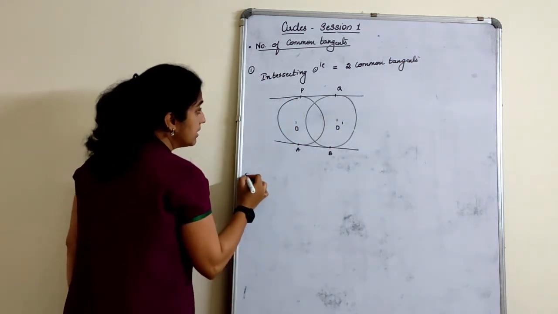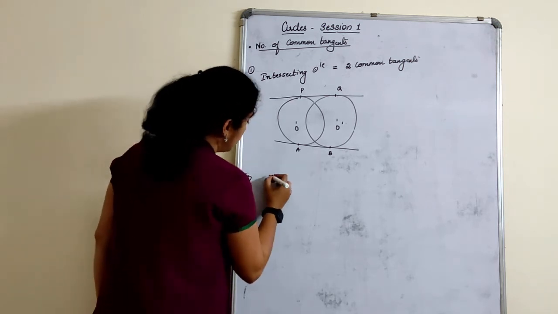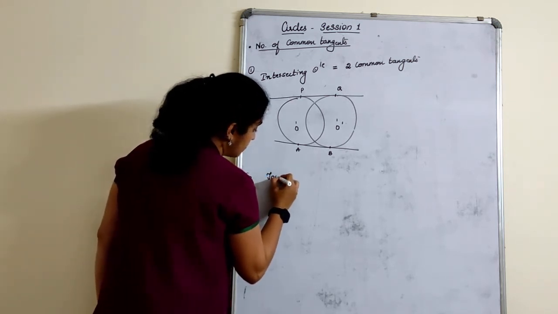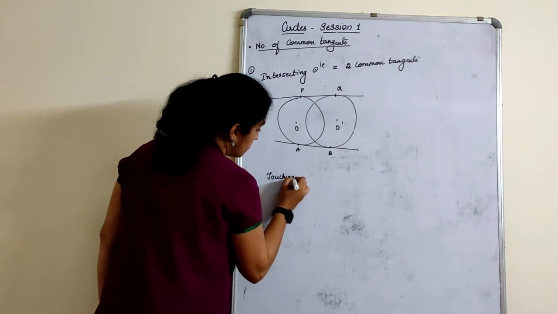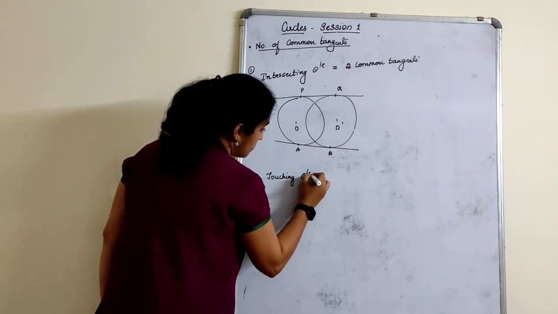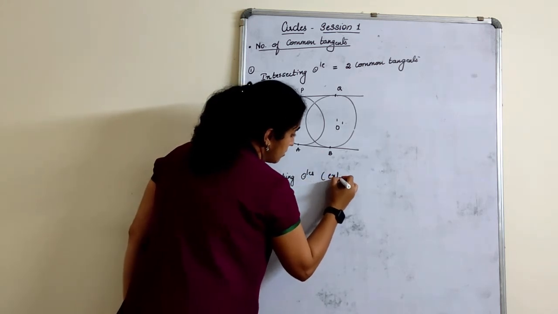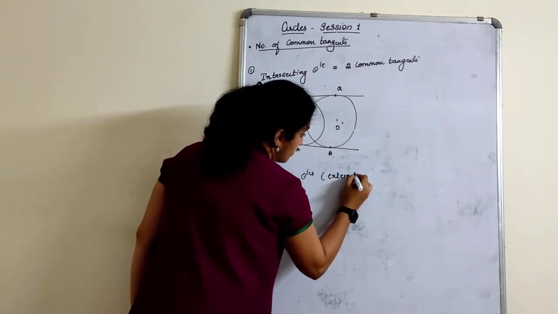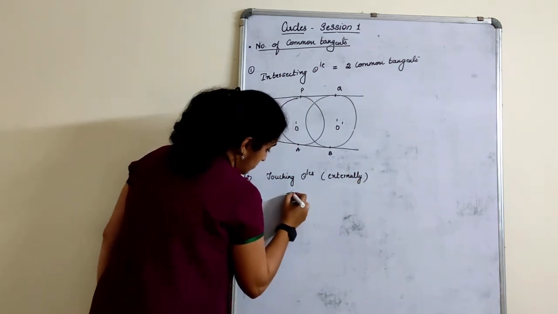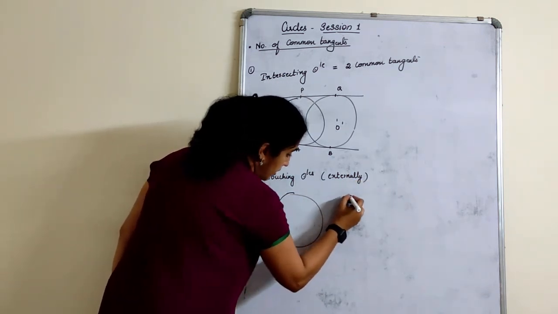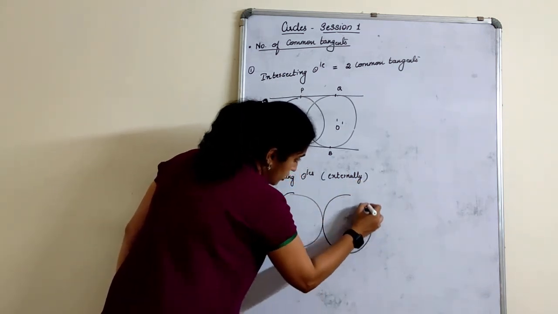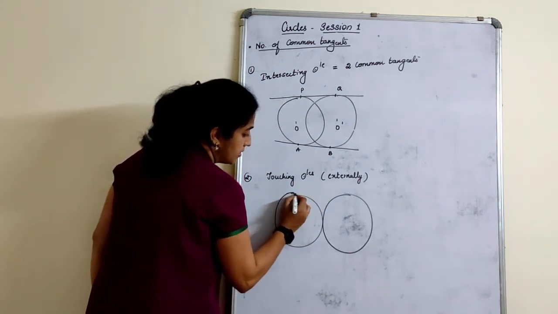Second, intersecting is over, then touching circles. Touching circles externally. If I have two circles which touch externally like this, right?